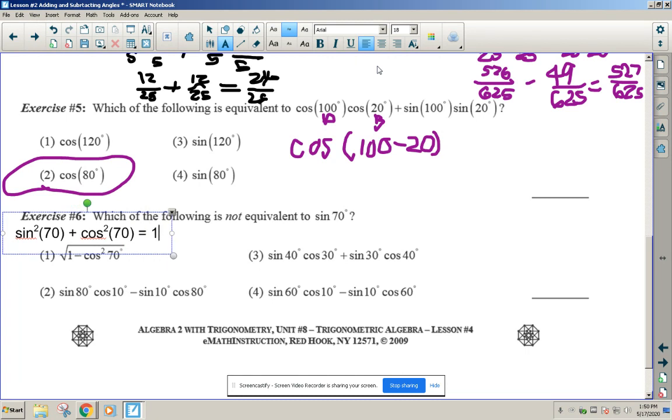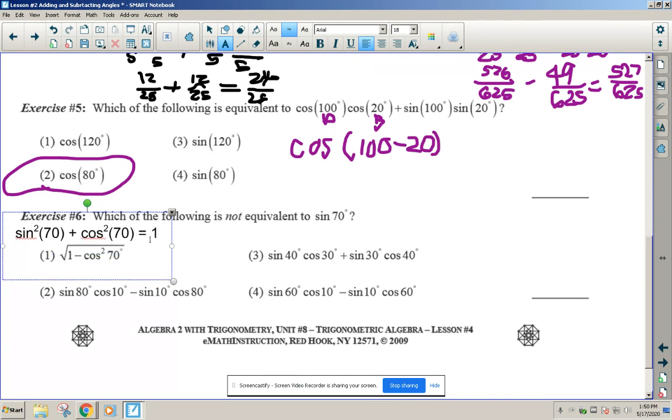That's the Pythagorean identity. Now, if I want to see what's equal to the sine of 70 degrees, then I would subtract cosine squared from both sides.